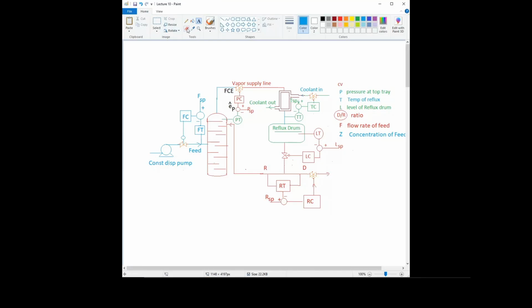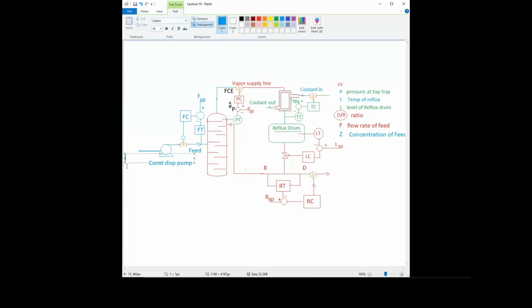Or we can put it here. This is the constant supply. This is the main supply. Main supply of the feed, right?